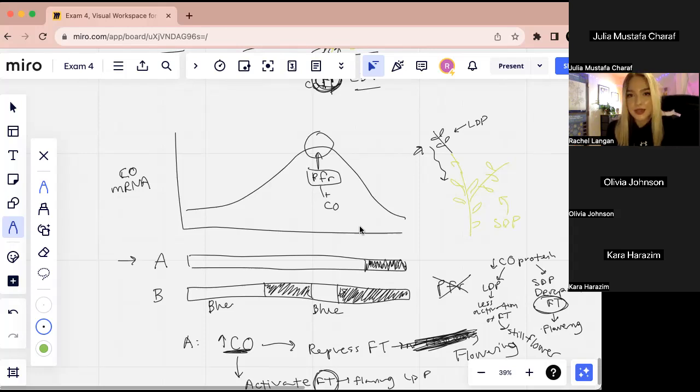Last thing I want to say is for these experiments, be prepared for different types of light. So normal lighting would be white light. And you should know normal white light has actually all colors of light, right? It has blue, green, red, far red, but it has more red than far red.